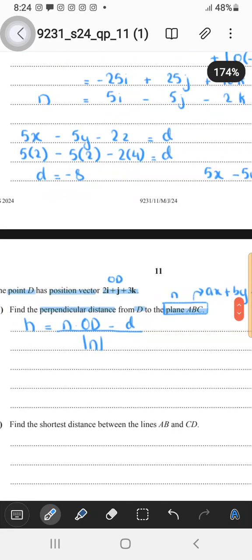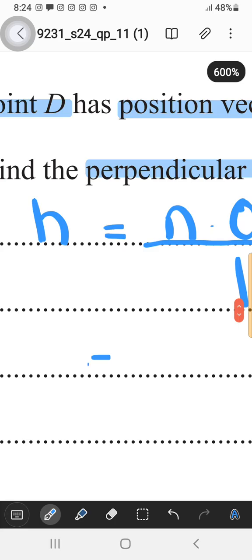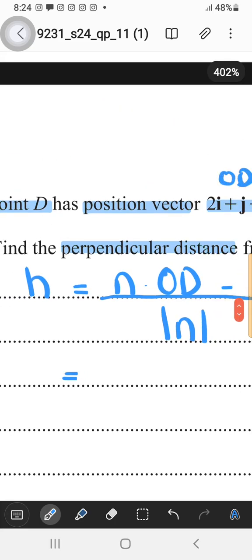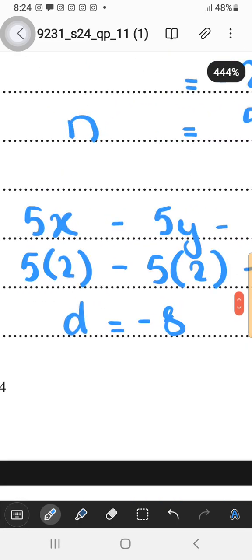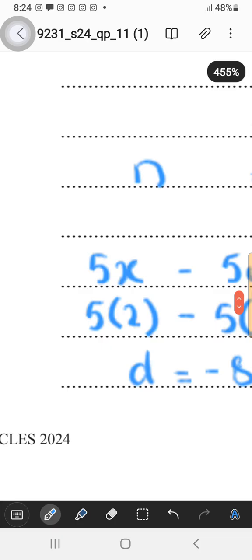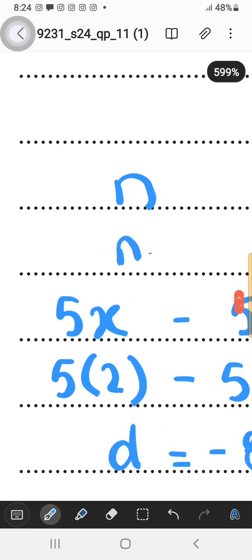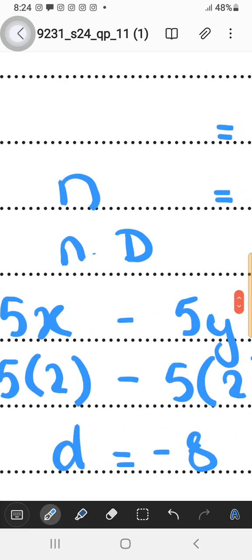Now I'm going to continue. Now n dot OD, how do we do the dot product? Let me tell you. Here you did a dot product, but you don't know.